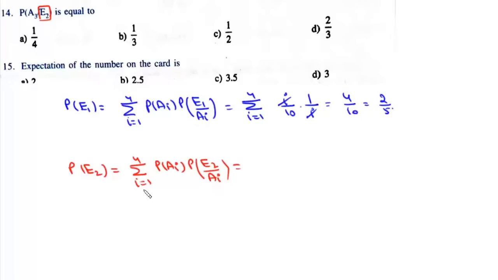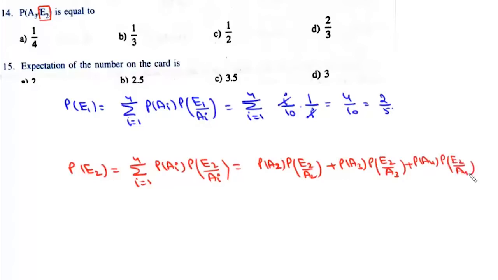So we cannot get anything from this first box. So this first probability will be 0. So now we are left with probability of A2, probability of E2 upon A2, probability of A3, probability of E2 upon A3, and probability of A4, probability of E2 upon A4.